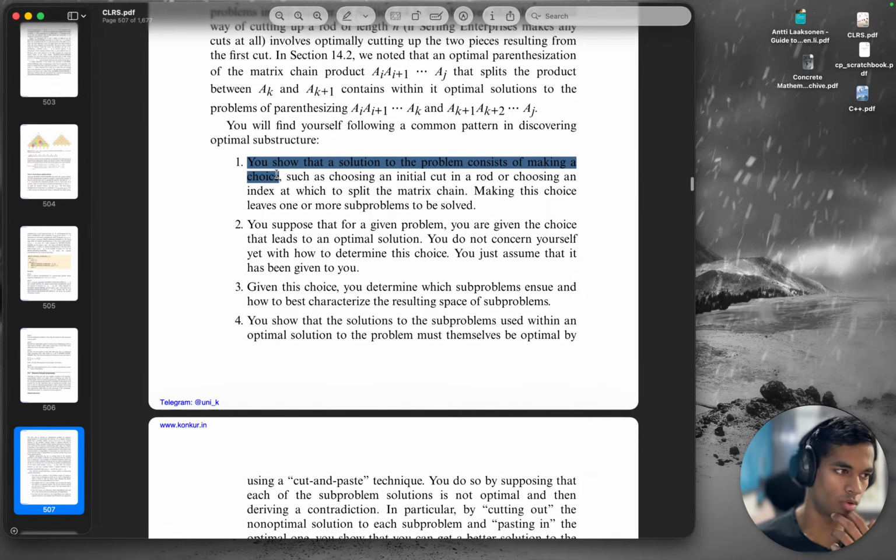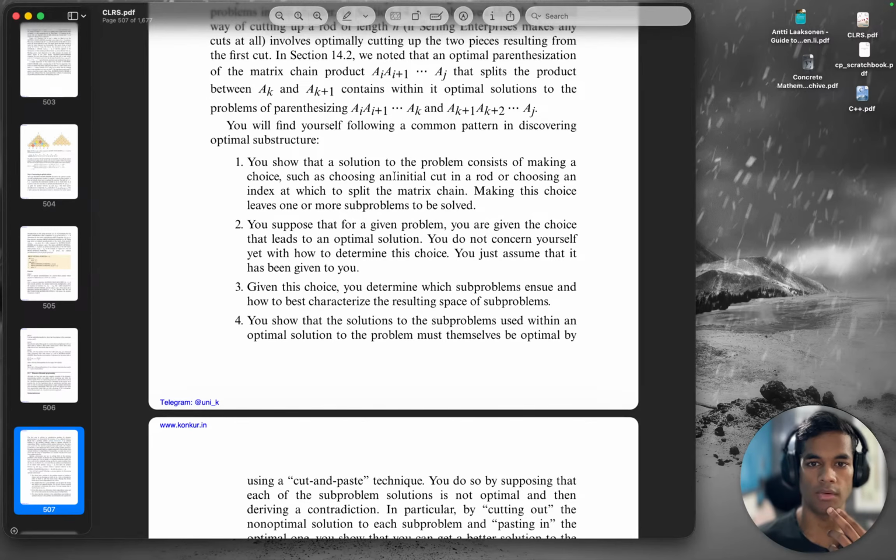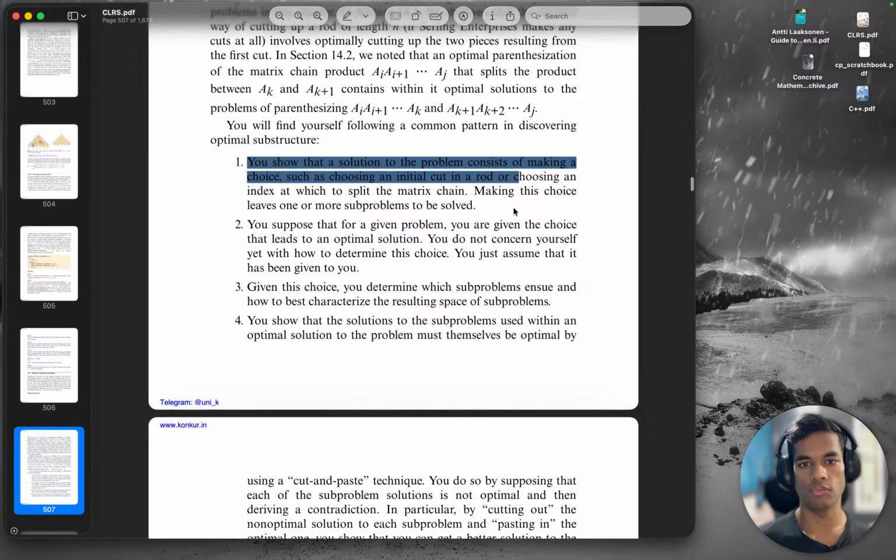That is true. The dynamic programming questions that I have solved till now involve making a choice, such as choosing an initial cut in the rod cutting example or choosing an index where to split the matrix chain. Okay, making this choice leaves one or more subproblems to be solved. Yes. So first, there is a choice.